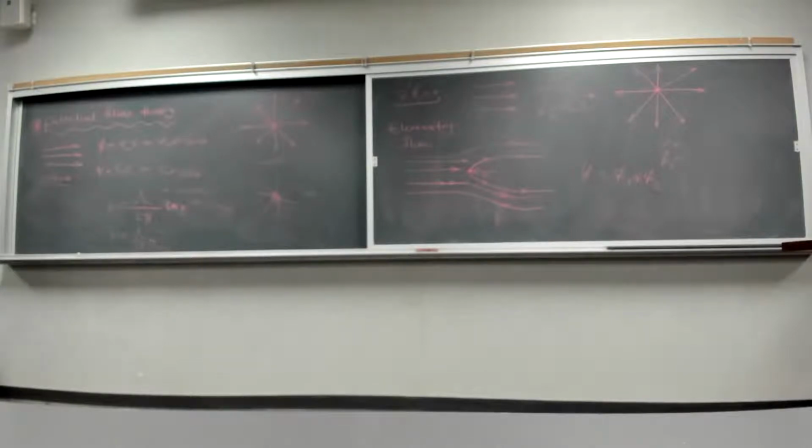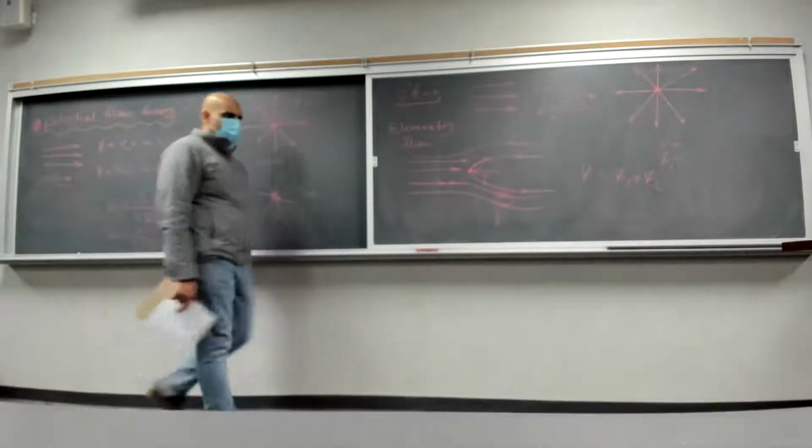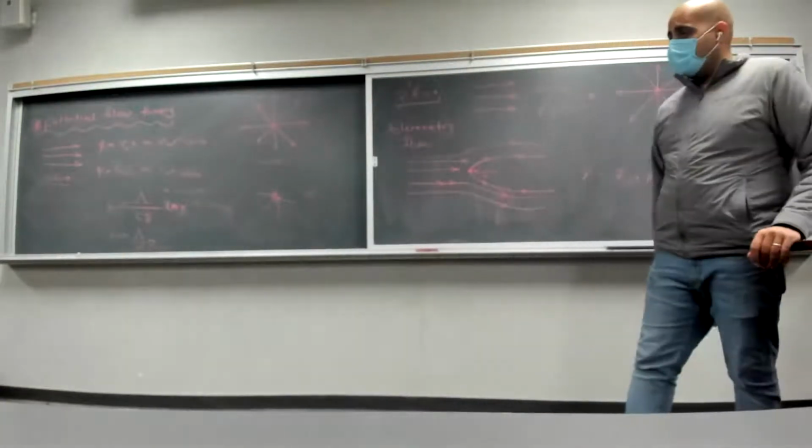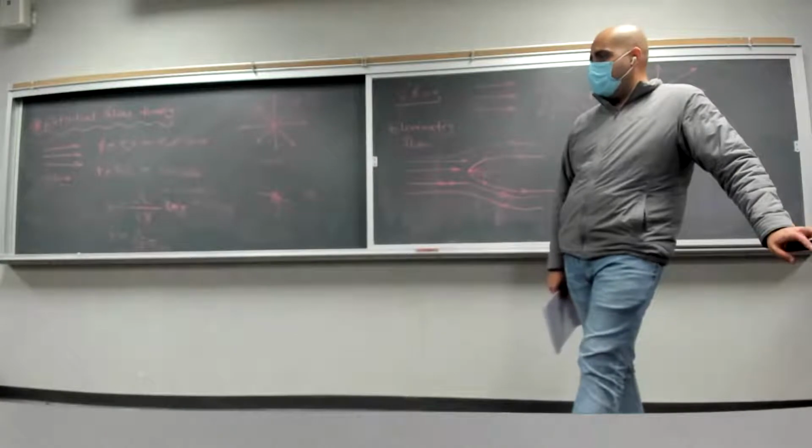What is VR and V theta? To find VR, how do we find it using your potential? The derivative of the potential with respect to R is going to give you VR, right?